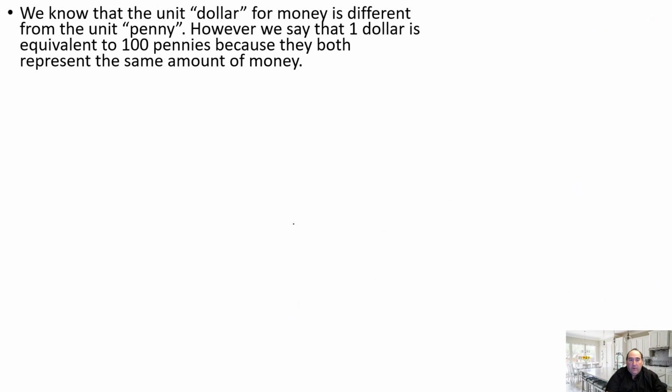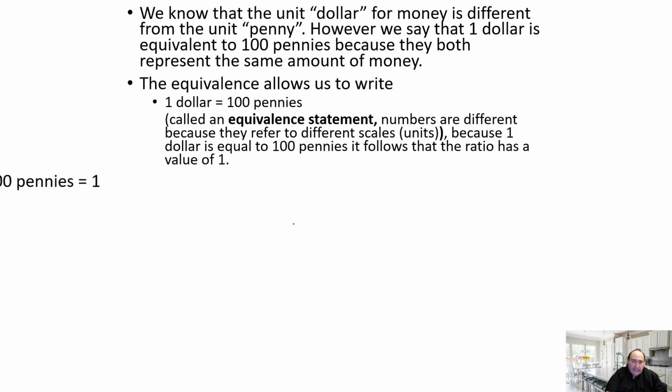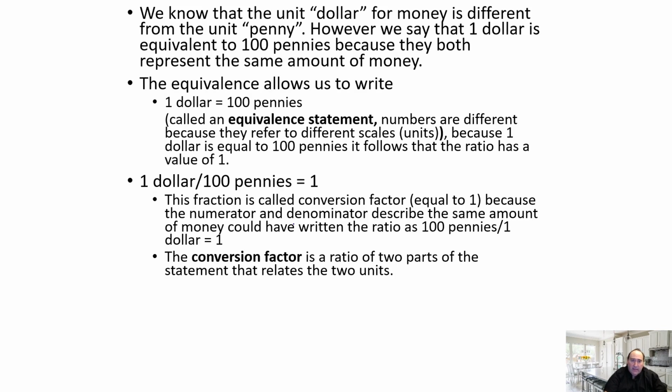So let's talk a little bit more about this. Again, this is what we were just talking about, just using the 100 pennies and $1. Again, a reminder that it does represent the same amount of money. You have 100 pennies equals $1. If you go through the drive-through, you can pay in pennies, you can pay in dollars.